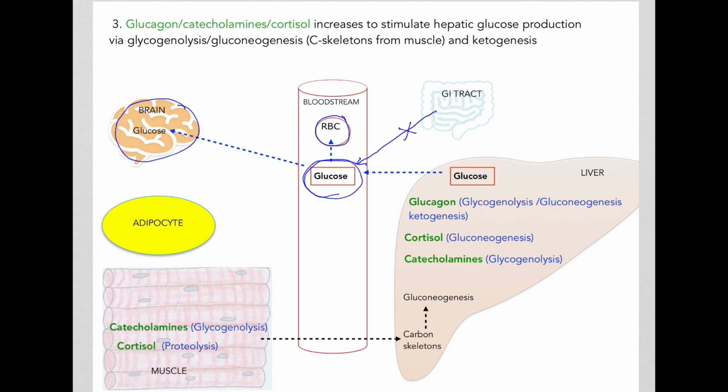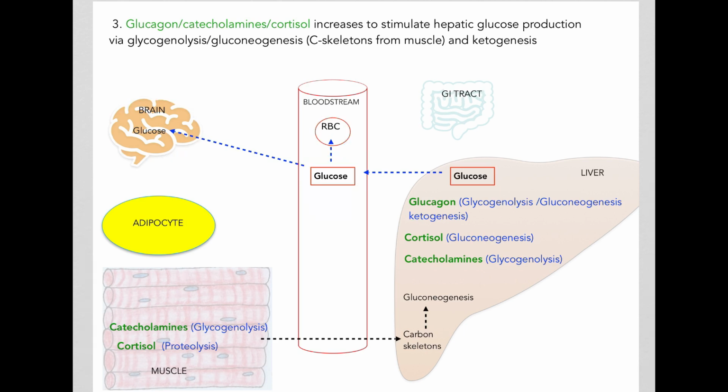So the body tries to make sure that our blood glucose concentration doesn't drop too much. It should be more than about 40-50 milligrams per deciliter, so that there is enough glucose to feed the brain as well as other glucose-dependent cells.